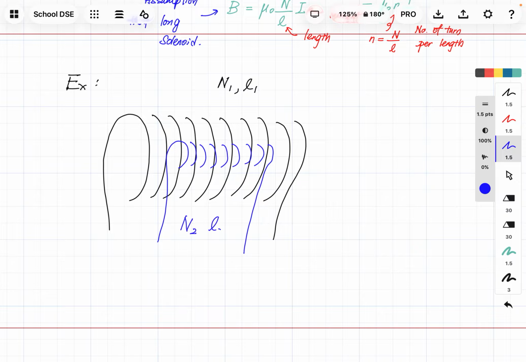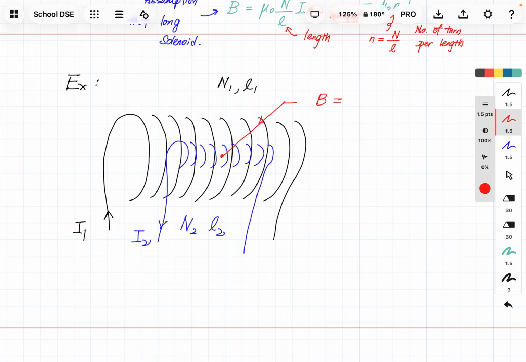So how to find the magnetic flux linkage of this small solenoid? Of course you are given a current I, you are given, let's say, the diameter of the solenoid outside, you have the number of turns of the first solenoid, you have the length of the solenoid, you also have the diameter.